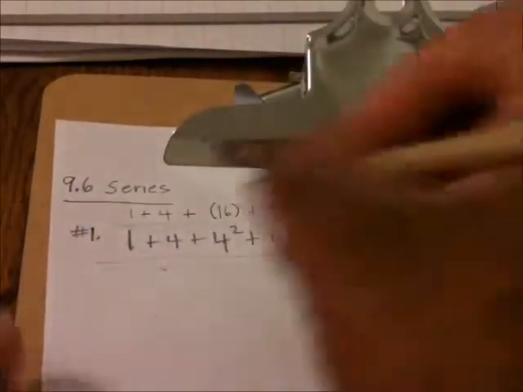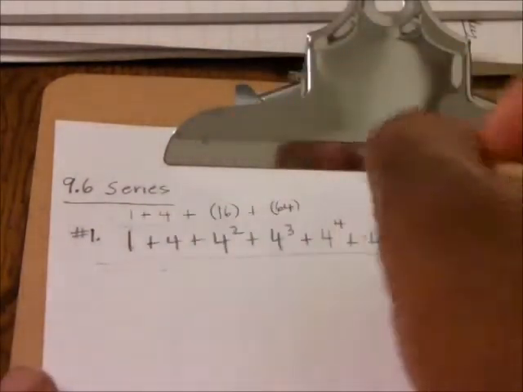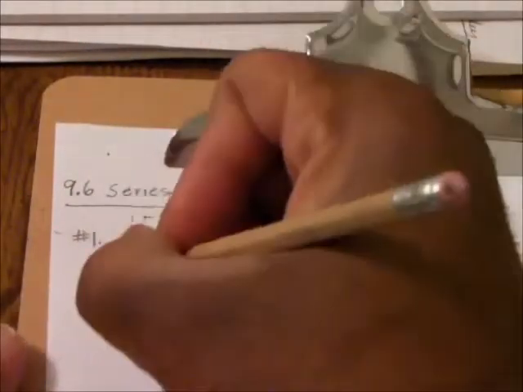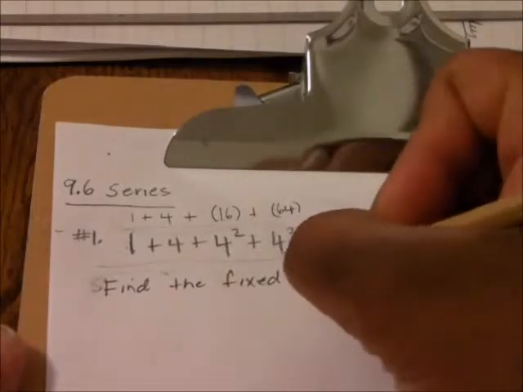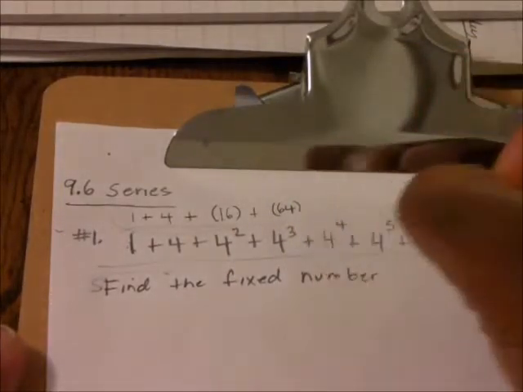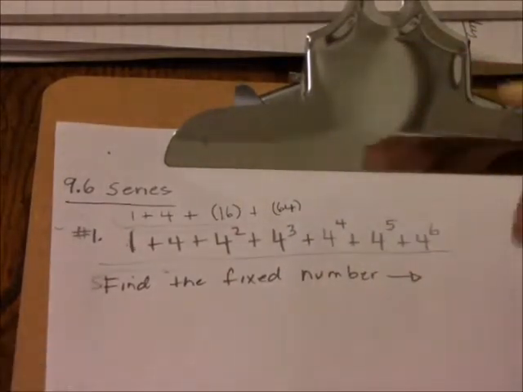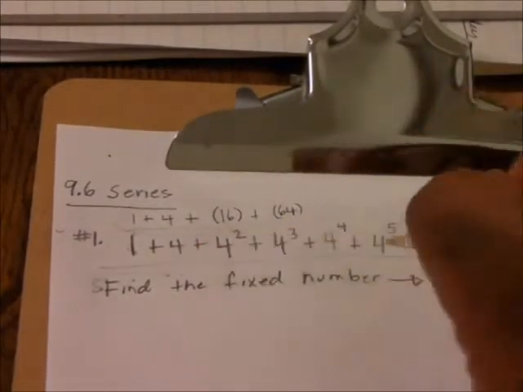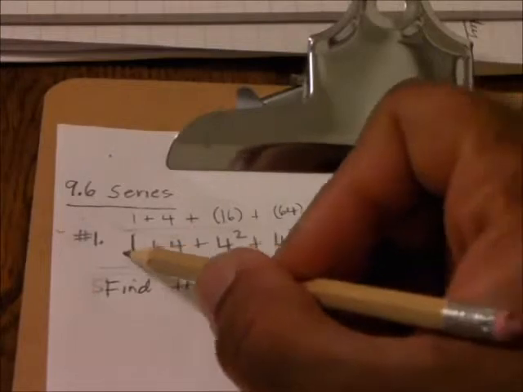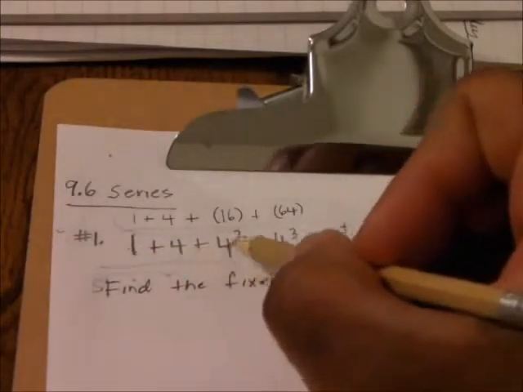After you write the problem, the first step, let's just say, is to find the fixed number. Then we'll outline the individual steps. What is the fixed number that is shared among each of these numbers?